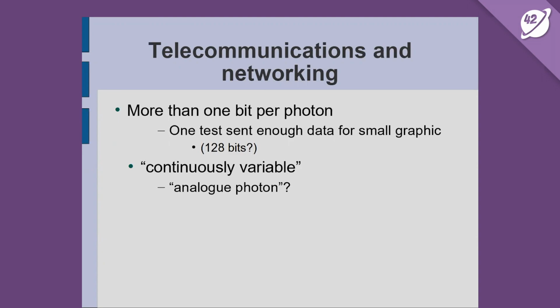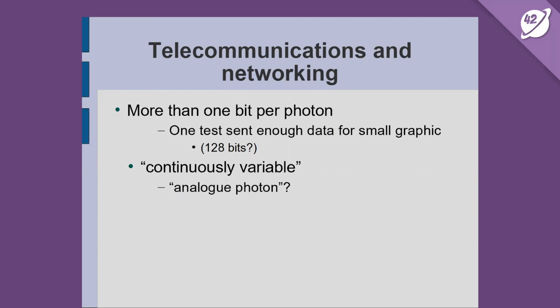The quantum entities that we use for transmission can provide for more than 1 bit per photon, for example. One test sent enough data for a small graphic image. I think it was around 128 bits in one photon. There's also the possibility of continuously variable entities.